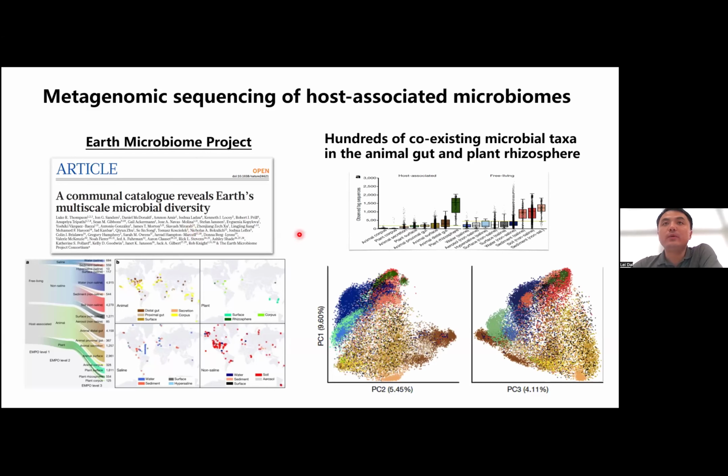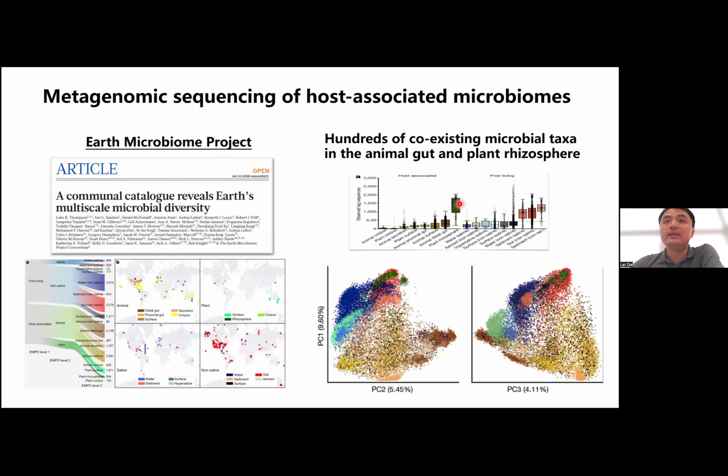What people found was that there are hundreds of coexisting microbial taxa in the animal gut and also in the plant rhizosphere. For example, on the left is host-associated, and on the right is free-living, such as soil and water. The y-axis you can just treat as the number of species or taxa.